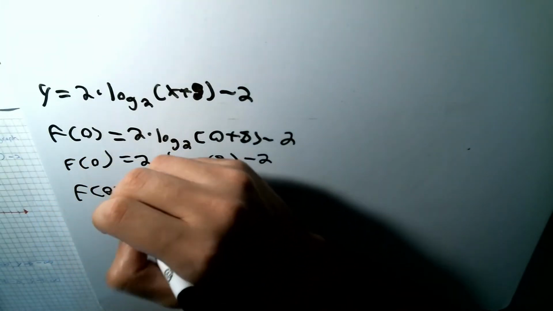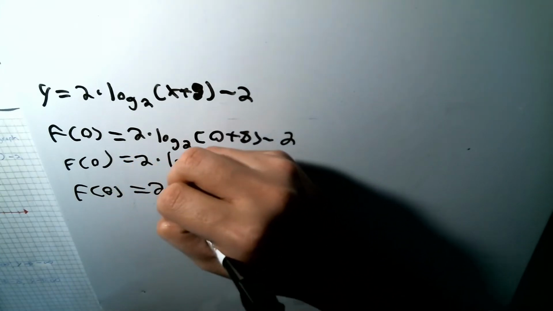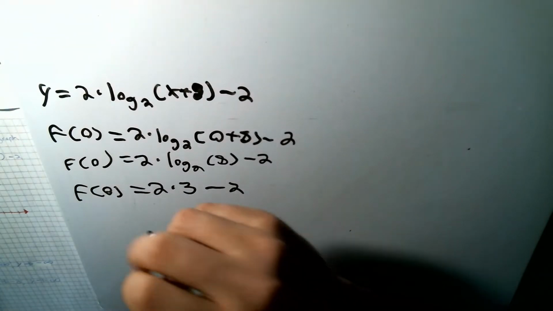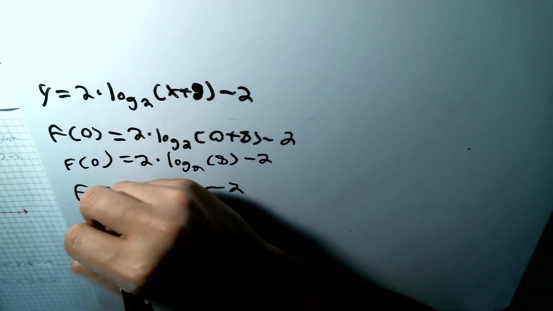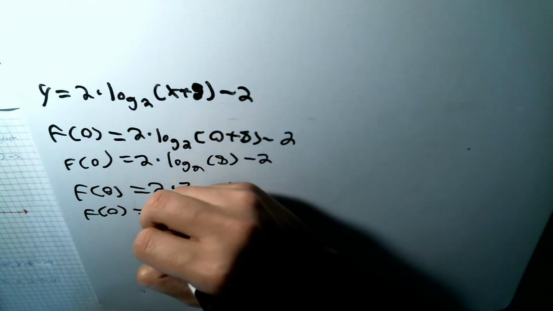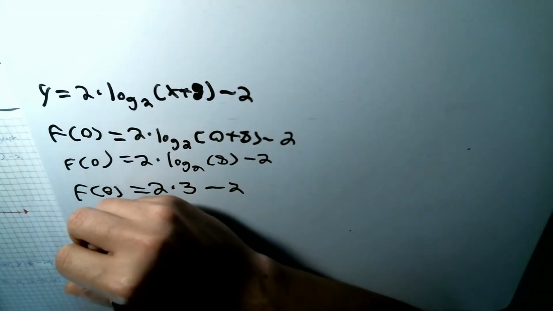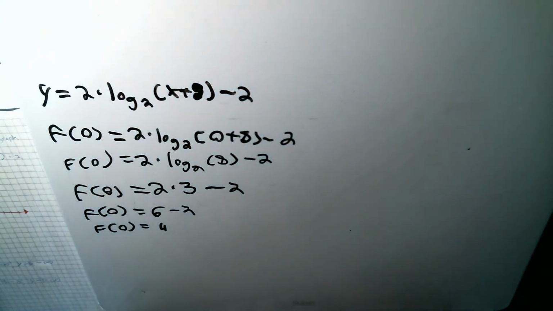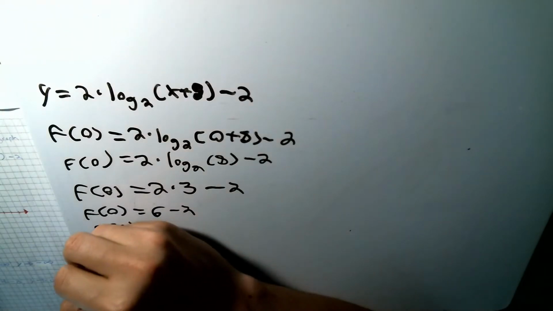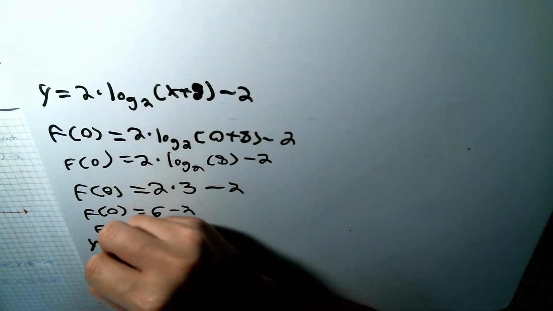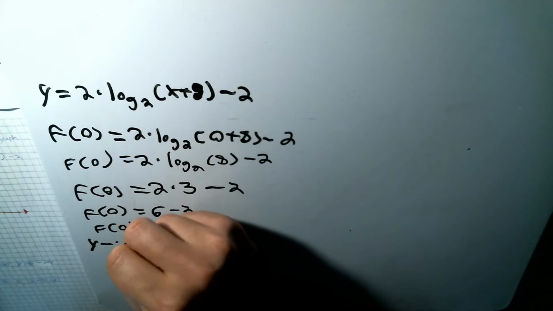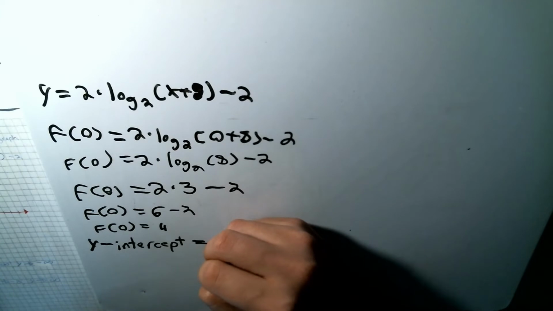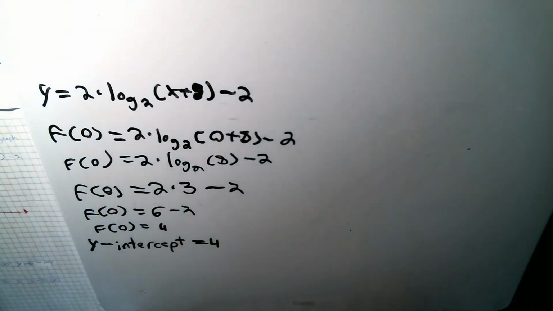So f of 0 equals 2 multiplied by 3, minus 2, and we just keep on solving, right? f of 0 equals 6 minus 2, f of 0 equals 4, and that's how we know that the y-intercept is equal to 4.